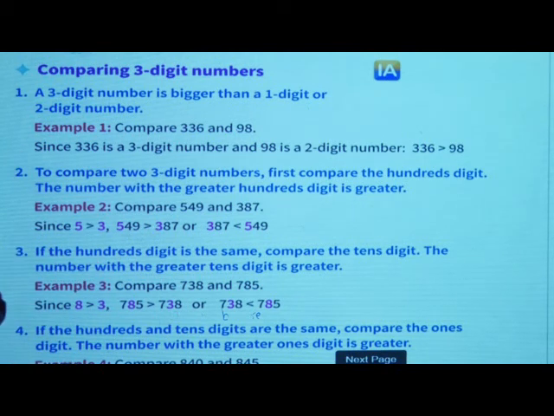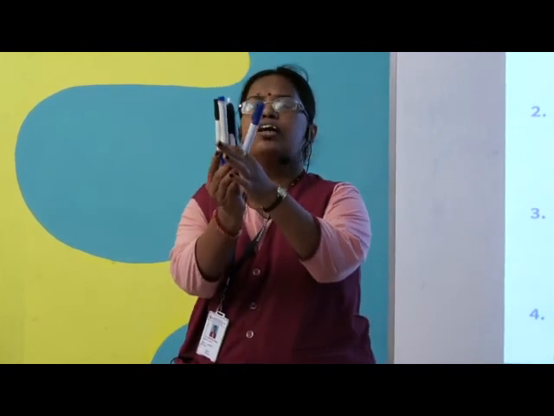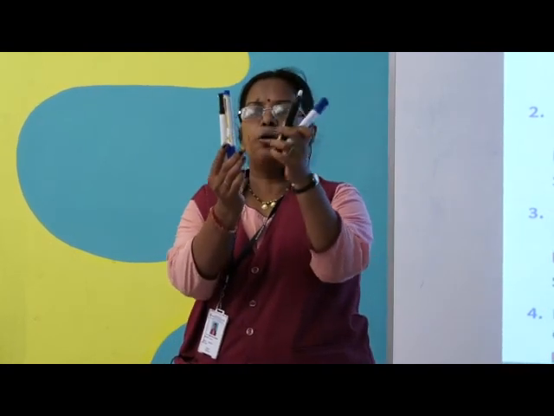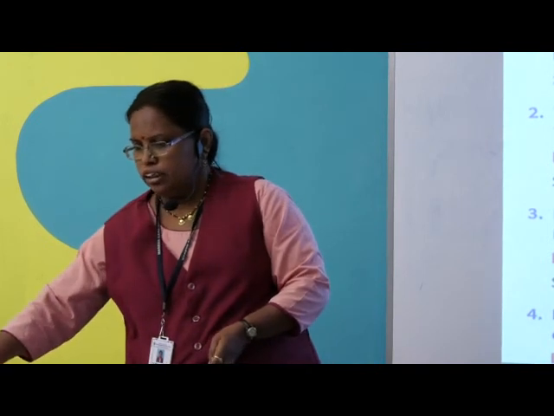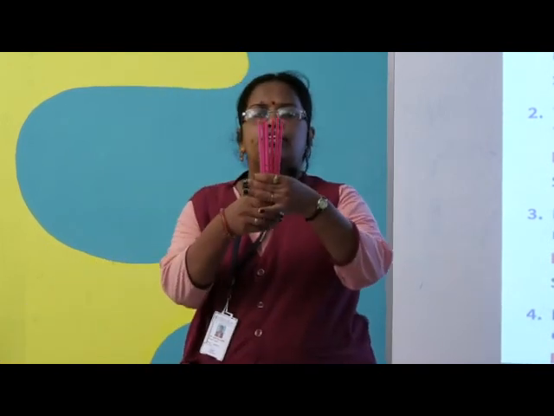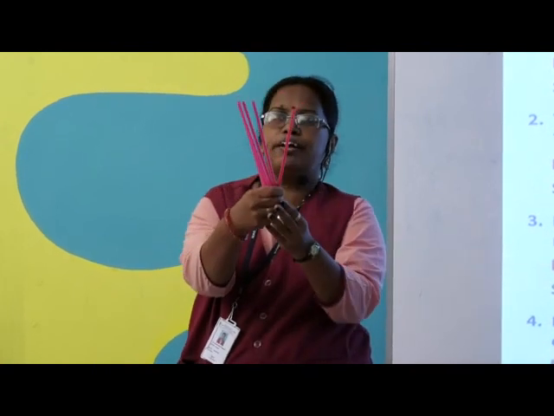Now see here, these are 2 pens. You can see here, these are 4 markers. How many markers are here? 1, 2, 3, 4. These are 4 markers. Now these are straws. With a straw, what will you drink?